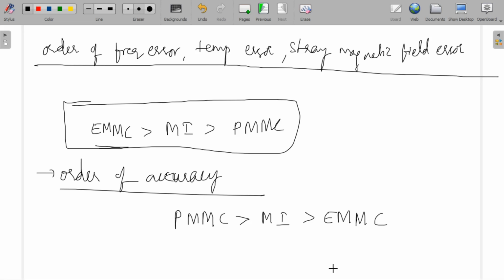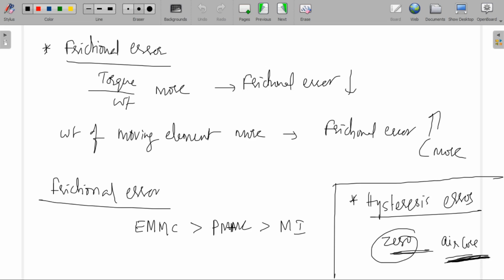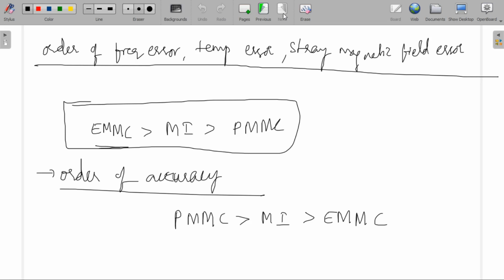Okay. This is the order of friction error. Okay. This is having more friction error when compared to PMMC. PMMC is having more friction error when compared to MI. Okay. This instrument is having moderately low friction error when compared to PMMC. Okay.